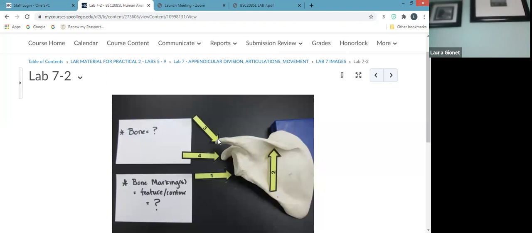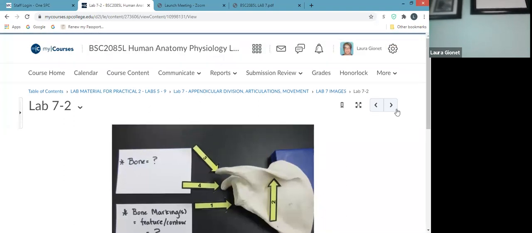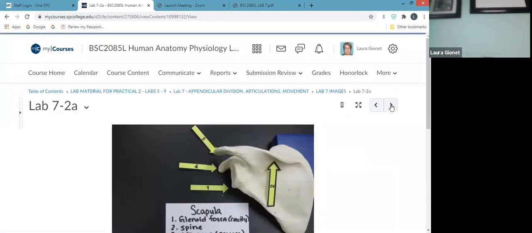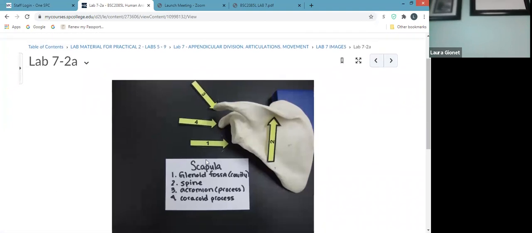Not that we can't find some muscles attaching to it, but it's primarily articulation. And the coracoid process is a muscle attachment. So we have the scapula, glenoid fossa, spine, acromion process, and the coracoid process, as we just described.